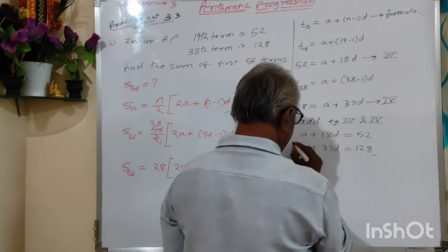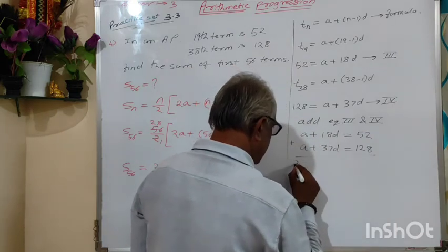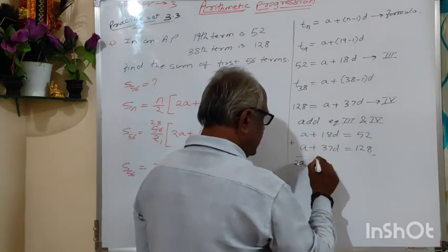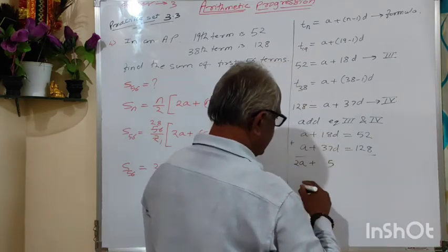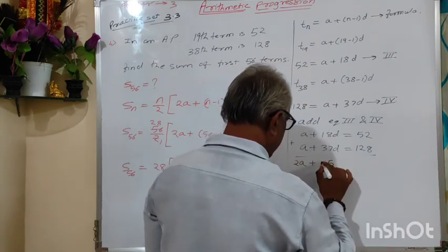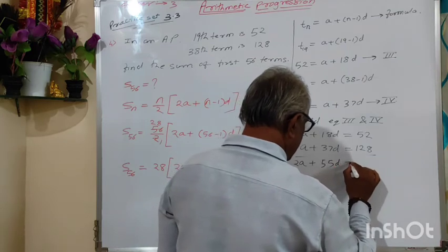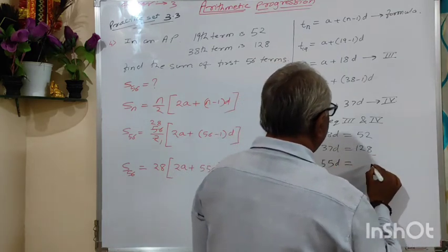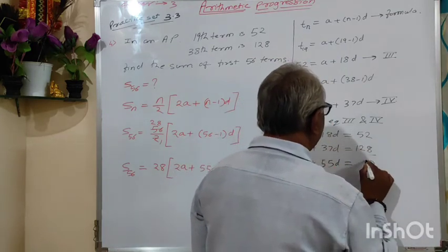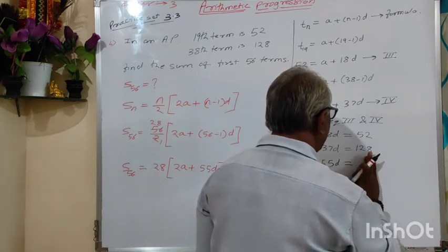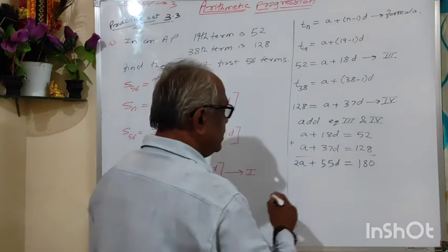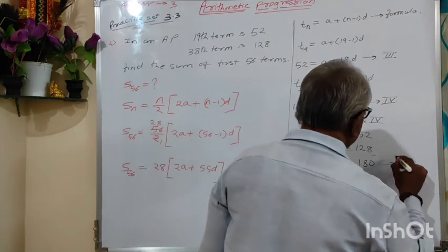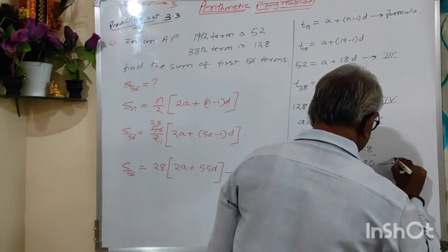We have added this. Here we will get A plus A, 2A, plus 55D is equal to 180. Now this is equation number 5.